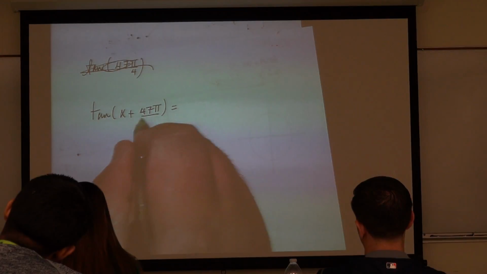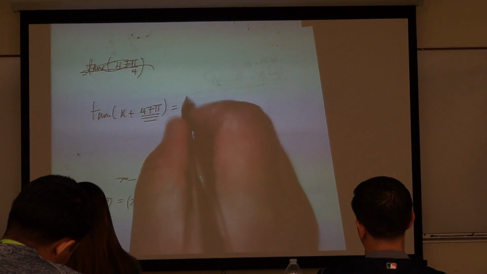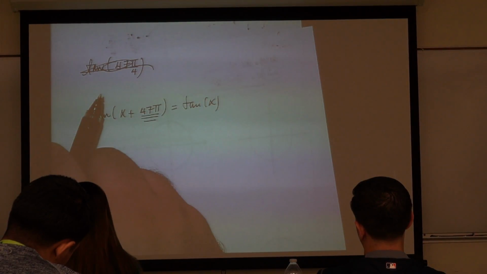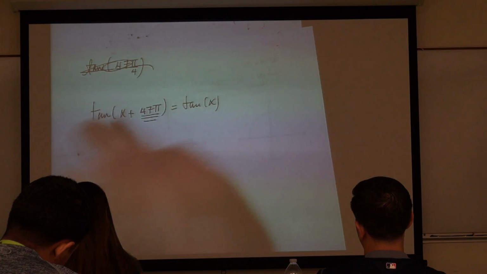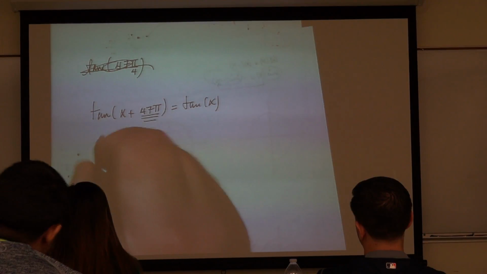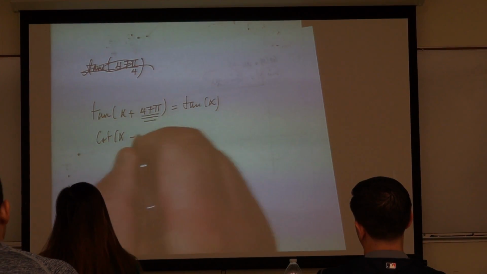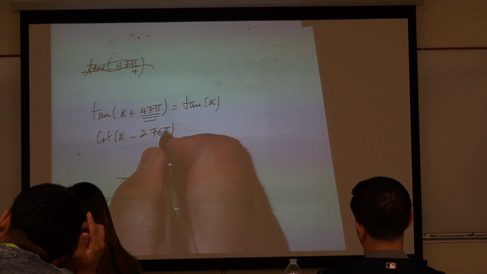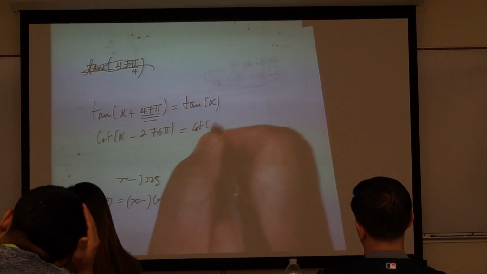That's a multiple of pi, yes or no? So that's the same as tangent of alpha. It doesn't matter, multiple of pi. Cotangent of alpha minus 276 pi. Multiple of pi, yes or no? Yeah. So that's cotangent of alpha.